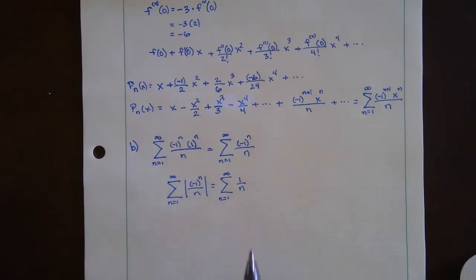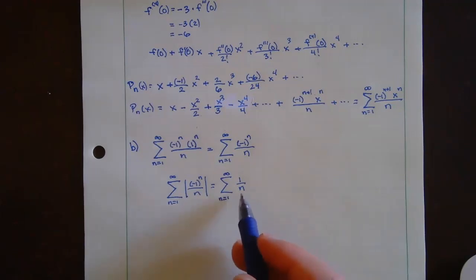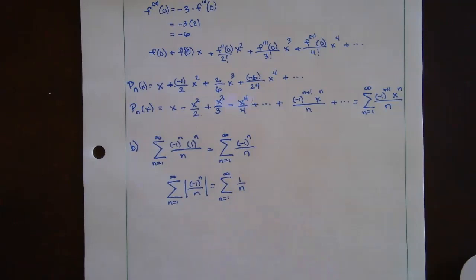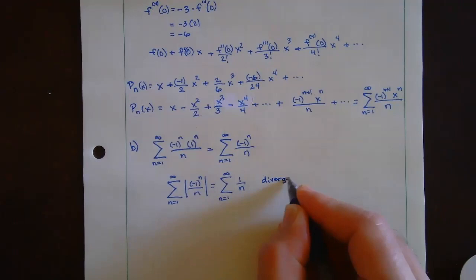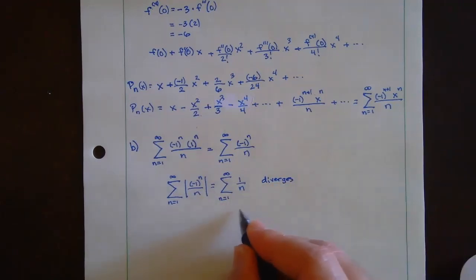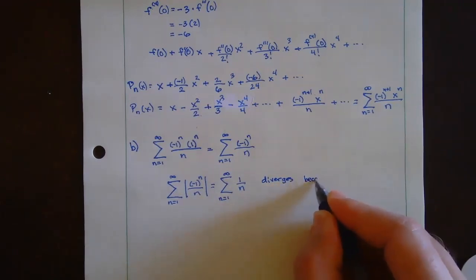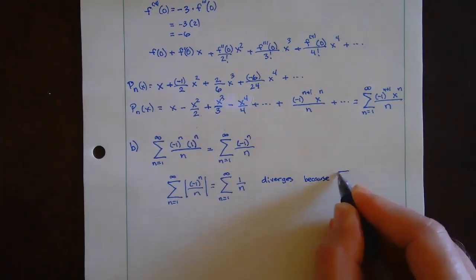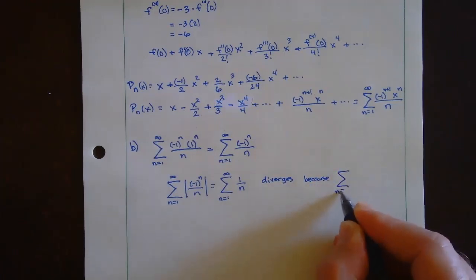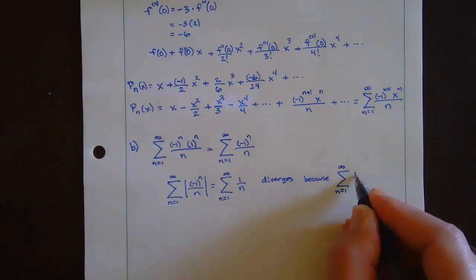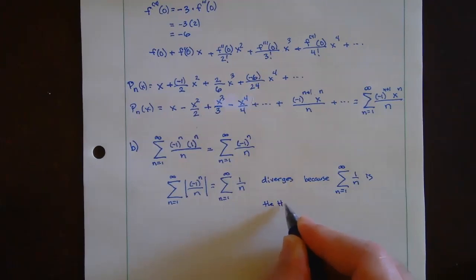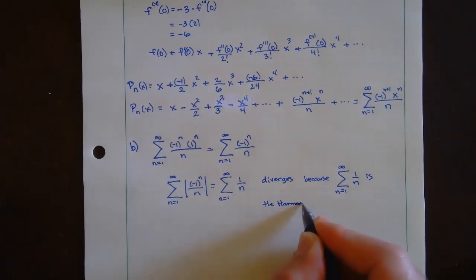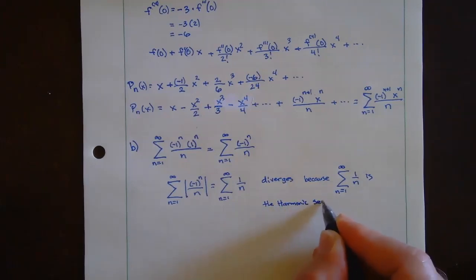And what do we know about this? That's the harmonic series, right? And so since this is the harmonic series, we know this diverges, because sigma n equals 1 to infinity of 1 over n is the harmonic series which diverges.